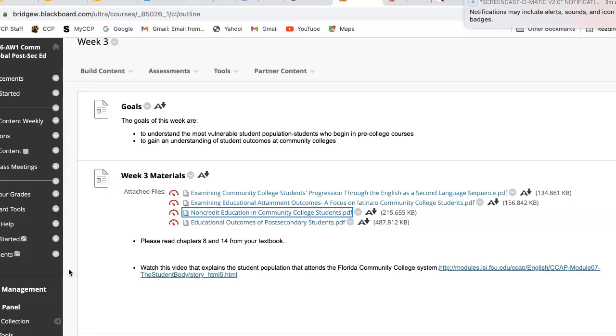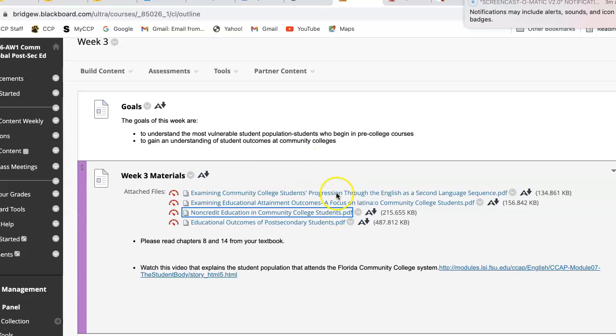And the articles make you look at different student populations. The first article, examining community college students' progression, is about English as a second language. These English learners form quite a big number in many community colleges. So how is their success rate? How do they progress? Because they have to start at their ESL course sequence, and sometimes it takes them 2 years before they get to any kind of college level course.